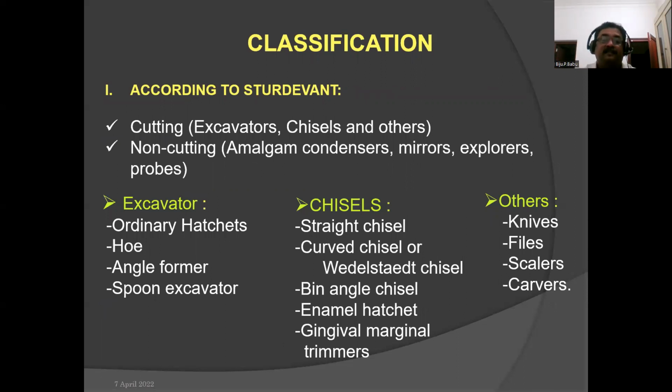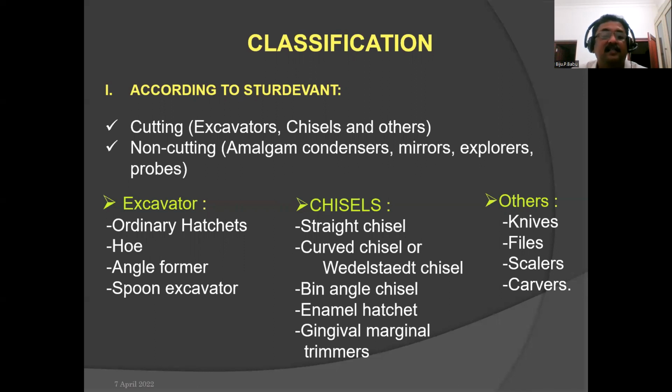Now coming to the classification of hand instruments. This is the classification by Student. Here you classify the instruments basically into two types, cutting and non-cutting instruments. In cutting instruments, you have the excavators, chisels, and others.